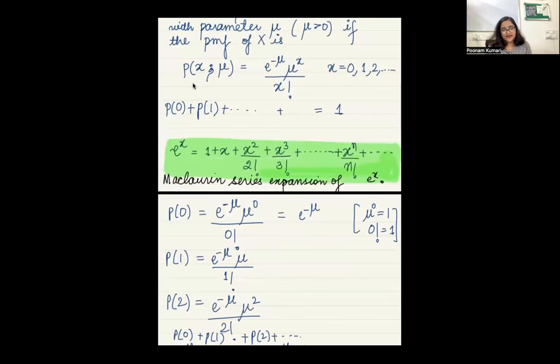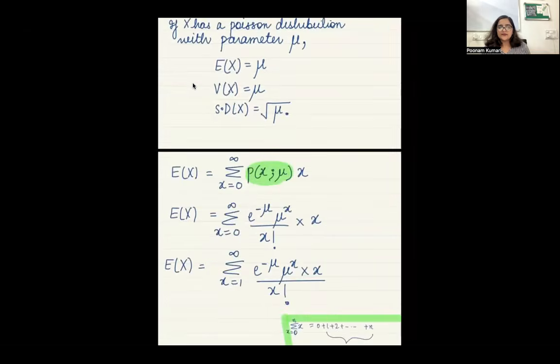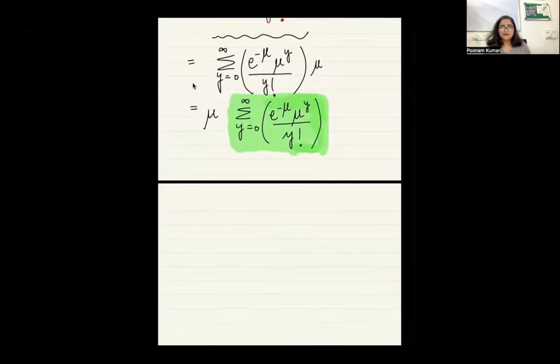Basically, if we add this when x is going from 0 to infinity, this entire sum should be 1, right? Because it's the sum of all these probability values. So it's the sum of all possible probabilities that I have here. So what will this entire sum be?